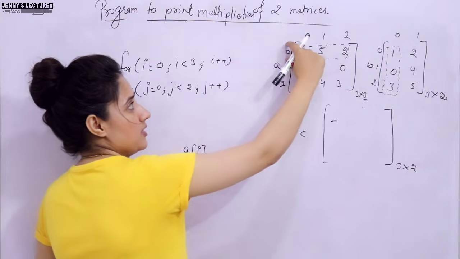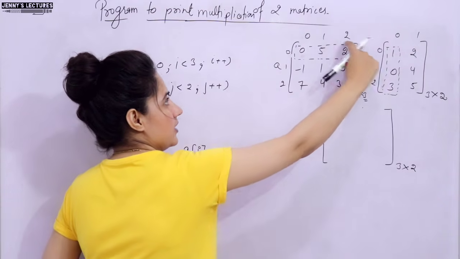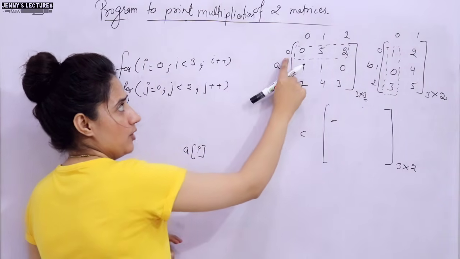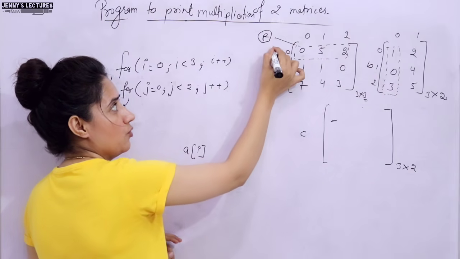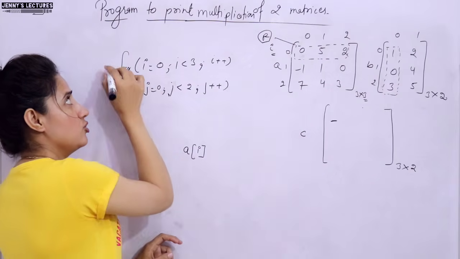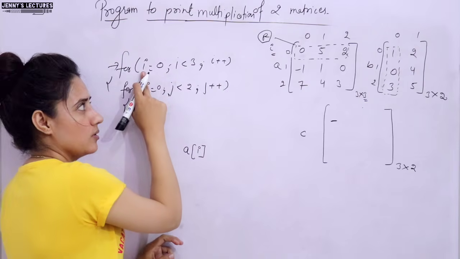So we are accessing this row. For this entire row the I value is 0, because for handling the row we are taking a variable I. This loop is for the row, right.